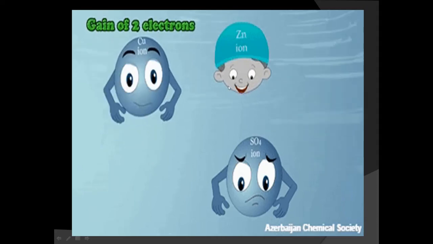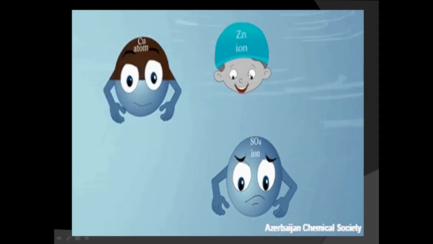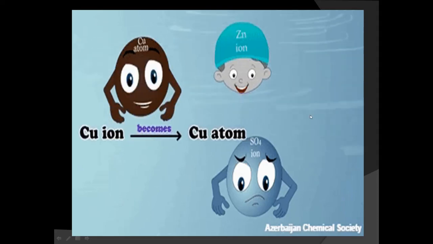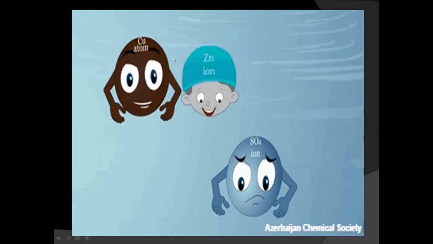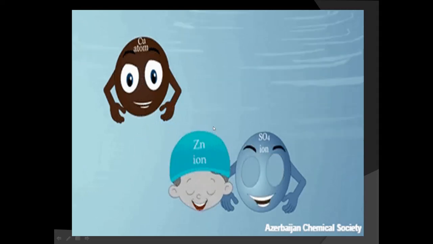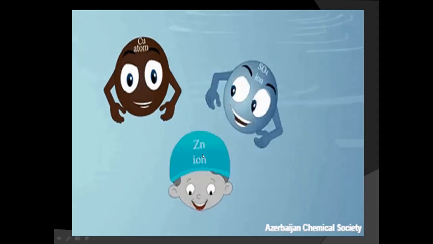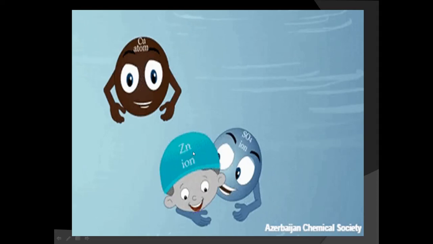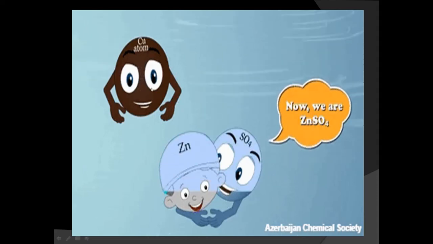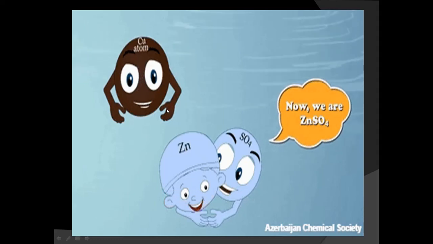Yes, zinc has come and copper is separated, so zinc is more reactive than copper. Such a type of reaction where one atom or ion displaces another is termed displacement. The reaction in which one element displaces the other element is known as a displacement reaction.